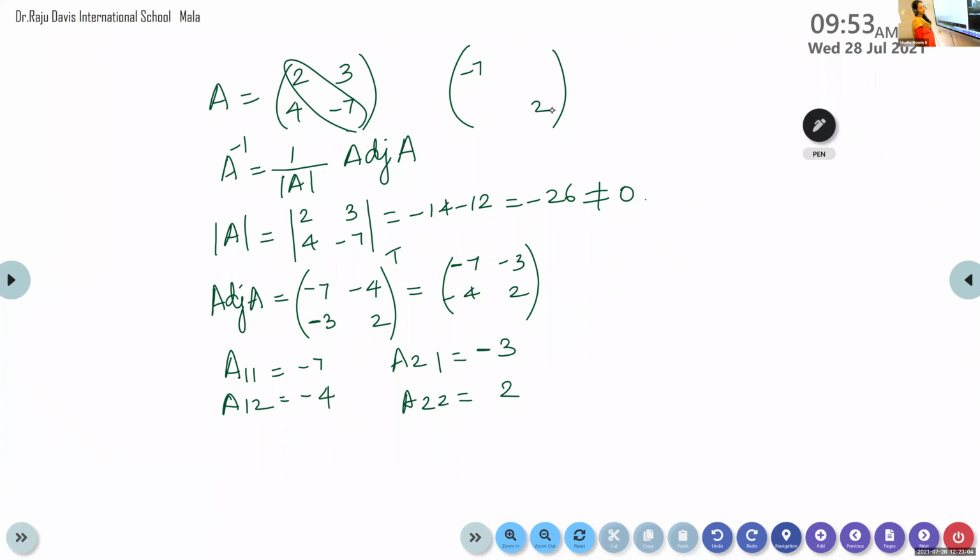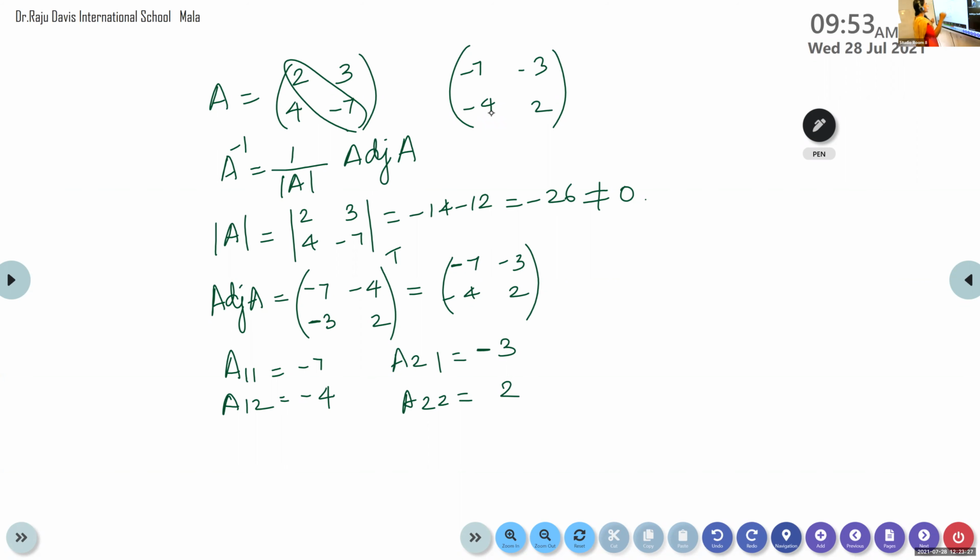Then change the sign of the non-principal diagonal values: minus 3, minus 4. Is it the same? Note it down, children. This is what I said earlier, keep one small paper and write these important tips and stick it there.